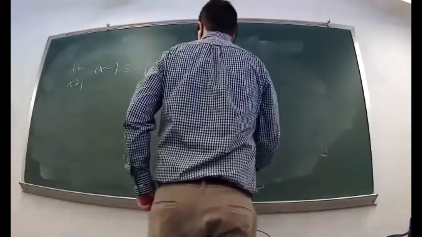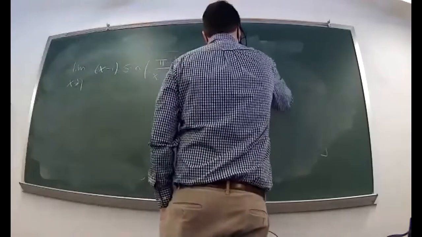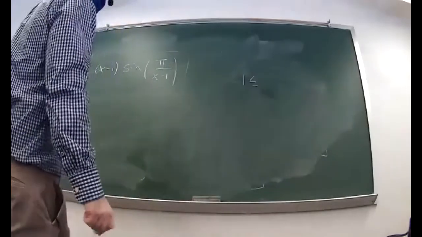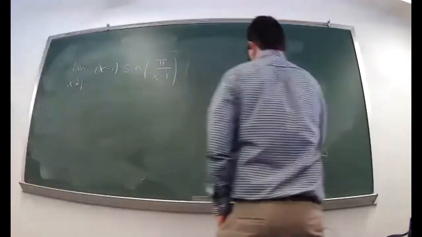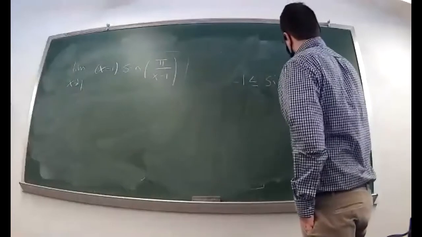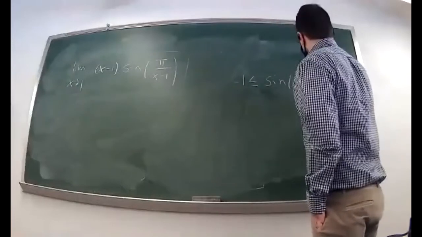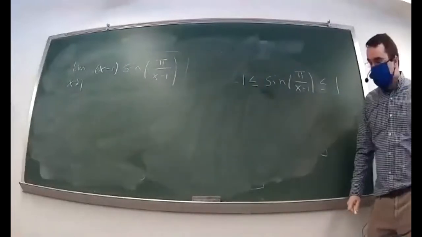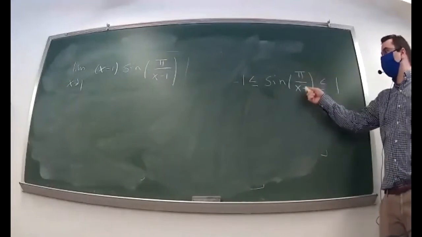For the trig functions, sine and cosine, I'd like you to remember for this class that those functions are bounded in between -1 and +1. And it doesn't matter what the argument of sine is.